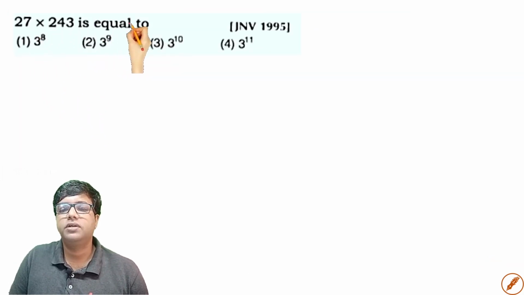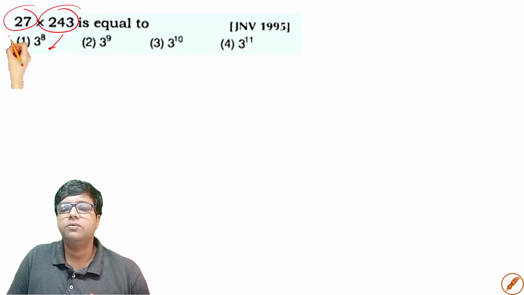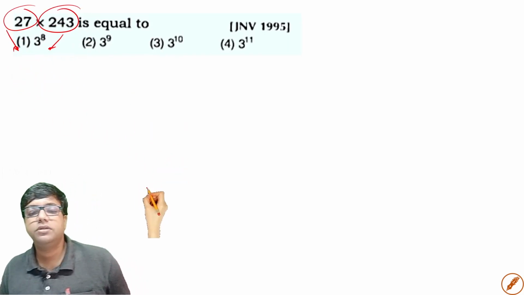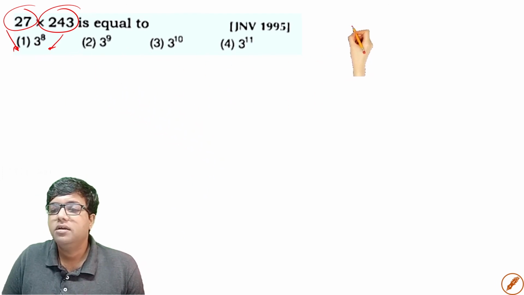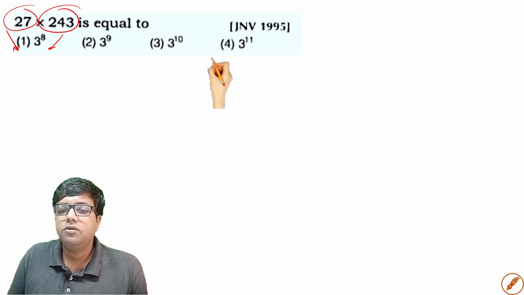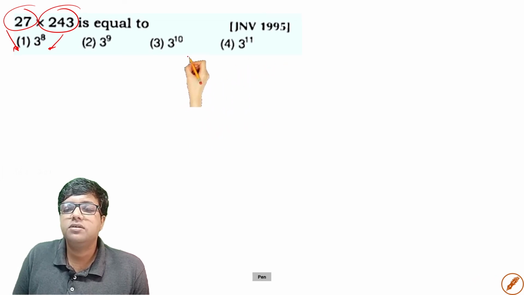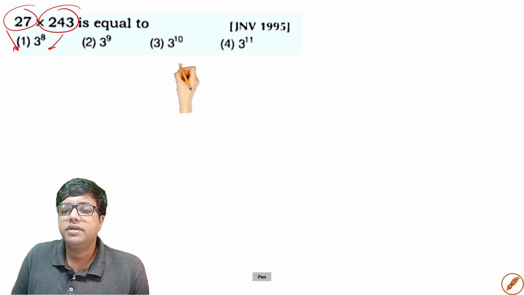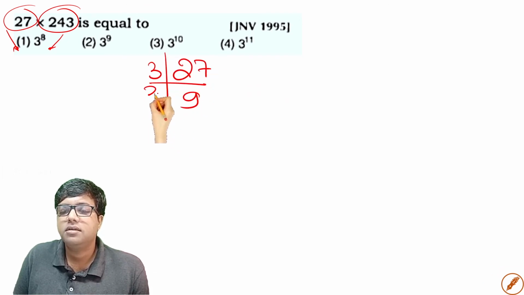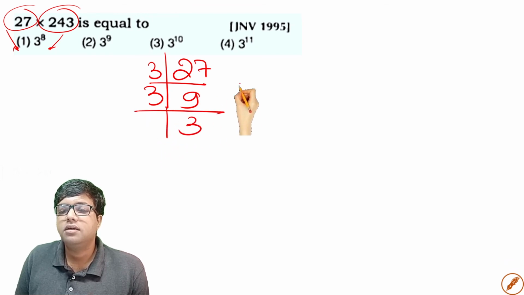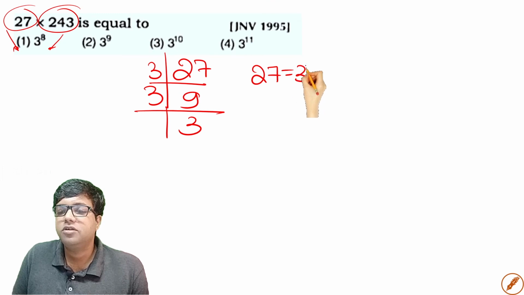27 into 243 is equal to, you need to express these numbers in terms of powers of 3. So you know the value of 27. 27 can be factorized into what? Let's factorize both the values. 27, 3 9s are 27, 3 3s are 9, so 27 can be written as 3 cube.